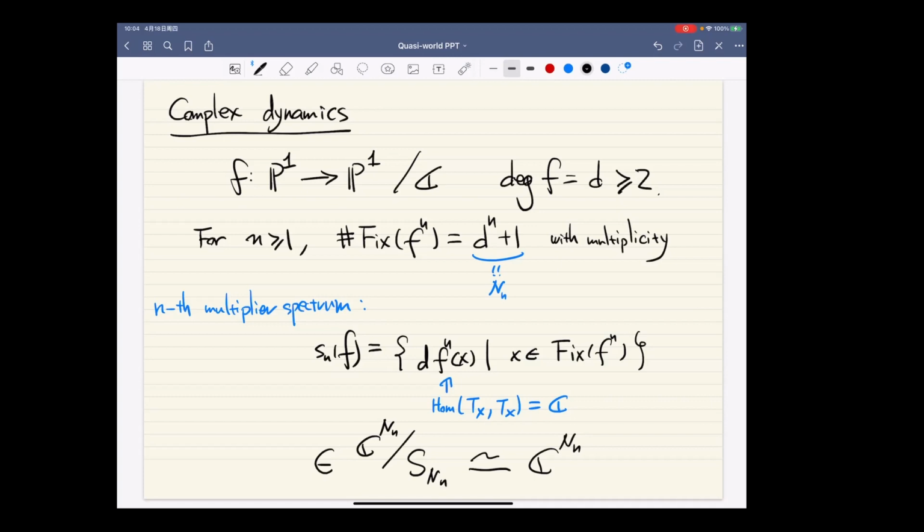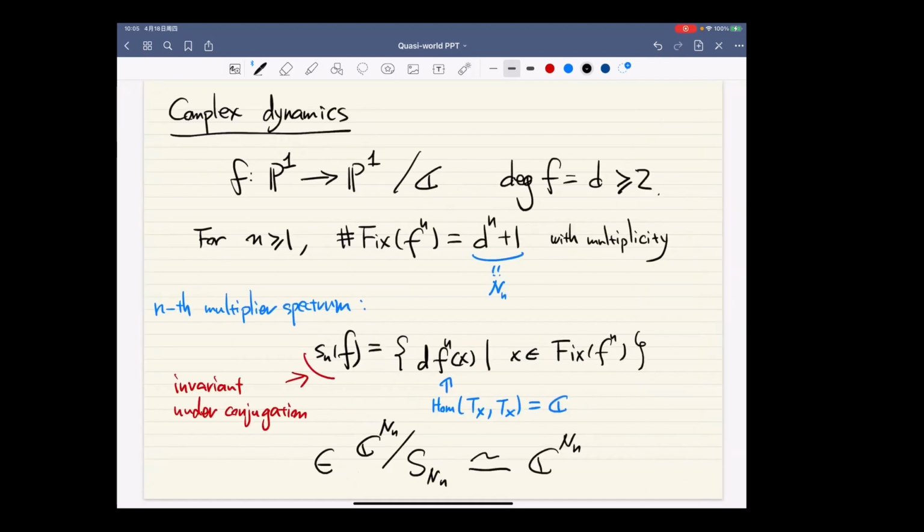So we can view this set as an element in C^{N_n}, quotient by the symmetric group S_{N_n}, and via symmetric polynomials, this is isomorphic to C^{N_n}. So basically, the nth multiplier spectrum is just the collection of the multipliers at all n-periodic points.